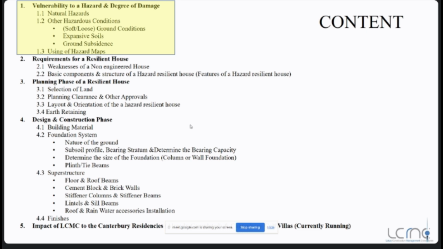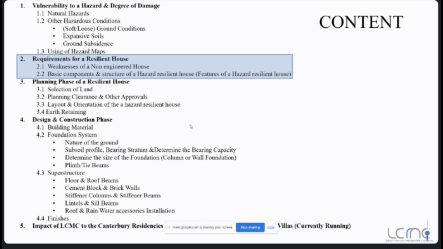The second part is requirements for a resilient house. In this session, I cover the specifications and the weaknesses of a non-engineered house, so you can identify what things you need to omit when constructing a resilient house.